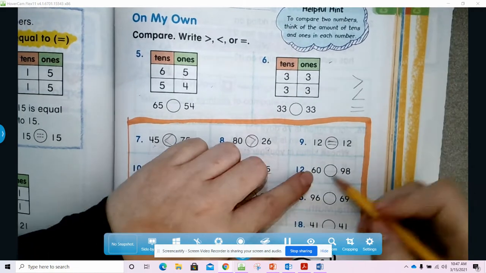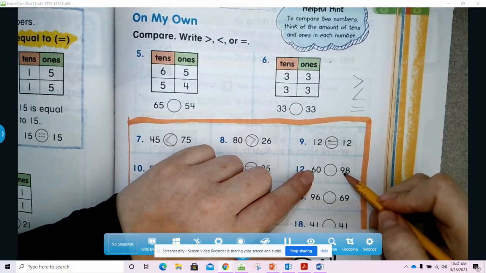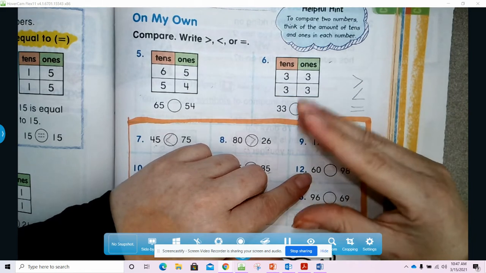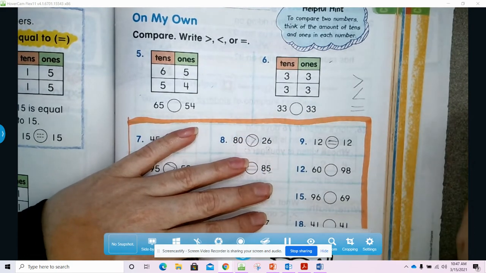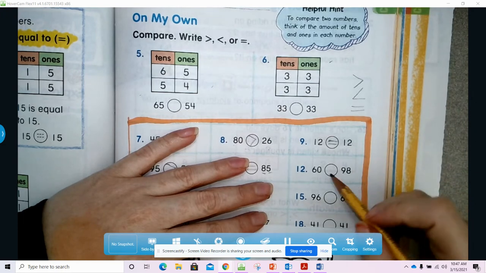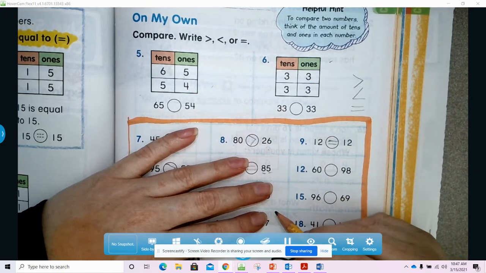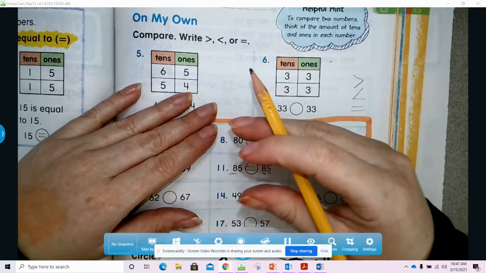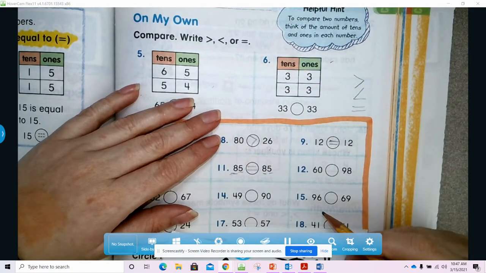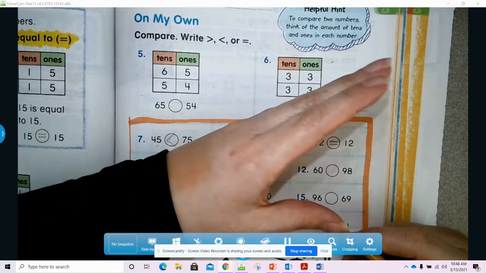Okay. 60 and 98. So remember, the mouth is going to go towards the biggest number, the greatest number. Which number is the greatest? 98 or 60? 98 is the greatest.